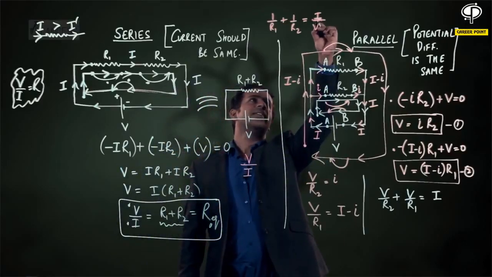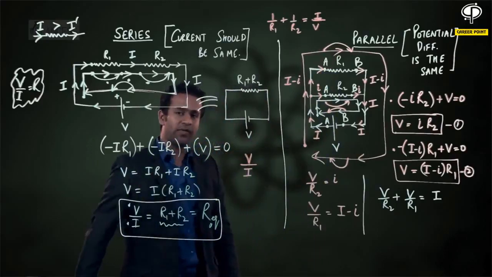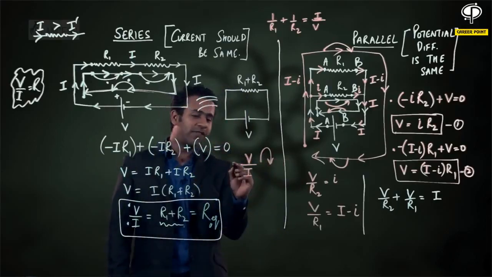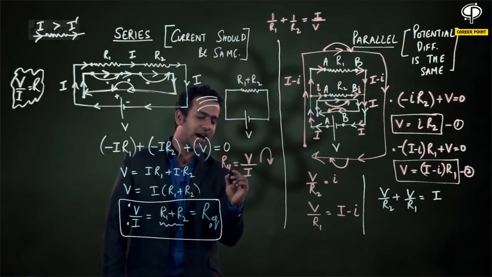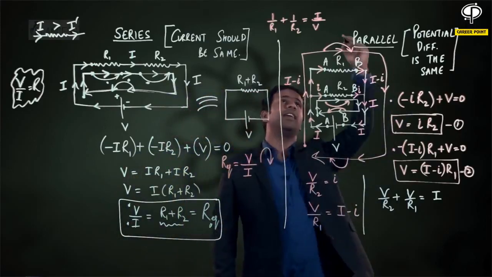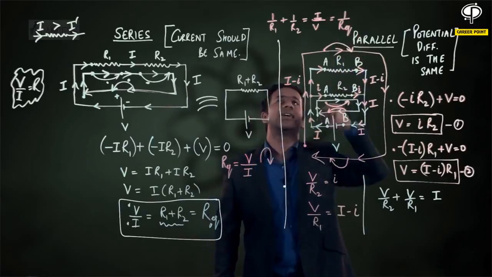You get that 1 by R1 plus 1 by R2 is equal to I upon V, which is the reciprocal of this term. So if this term is R equivalent, then can we say that I upon V is basically 1 upon R equivalent?